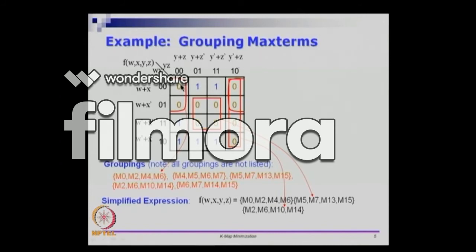So these four cells have W plus Z, and similarly these four cells we have X bar in common, and in these two columns we have Z bar in common. So these four cells correspond to X bar plus Z bar.